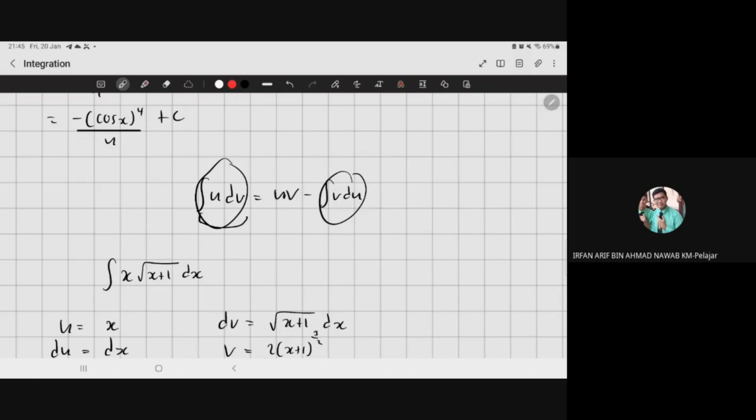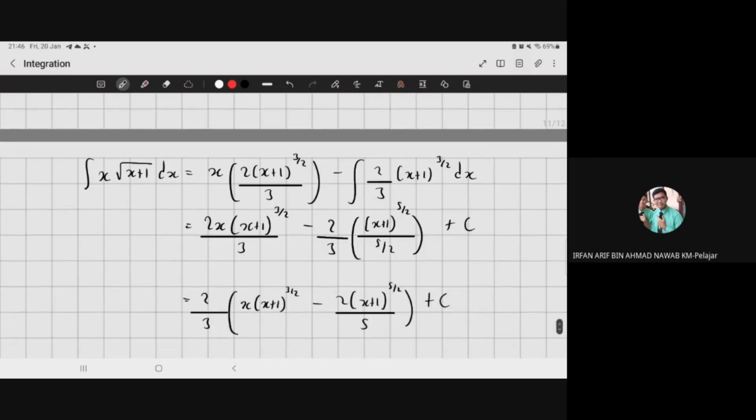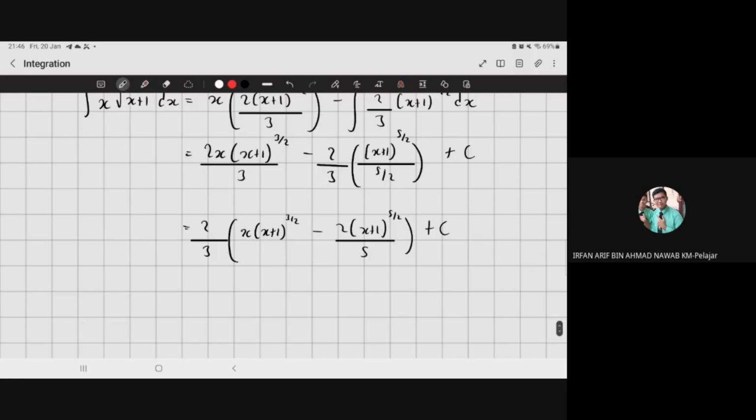If it's not simple yet, you have to use integration by parts yet again. That is the hardest part, because you have to do it all over again, until you find the integral of v du in a simpler form.